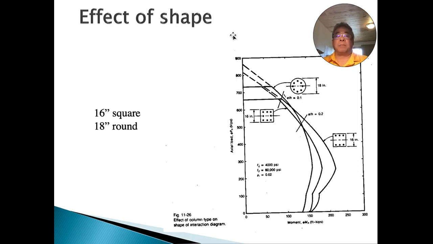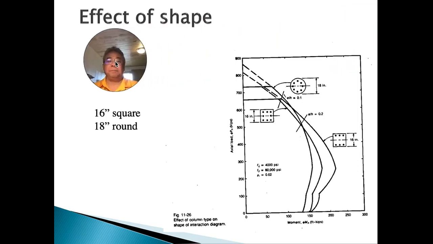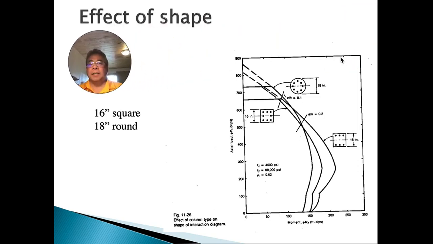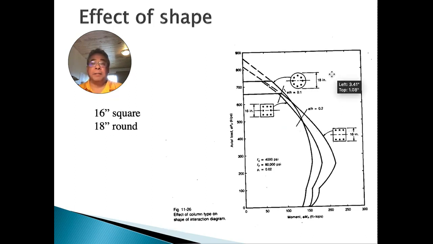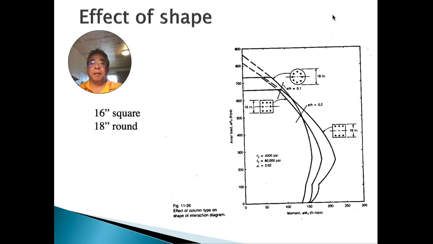Now let's talk about the effective shape of your column. Okay, here are the 3 types I talked to you about. Round, square with steel on all 4 sides, and square with steel only on 2 faces.